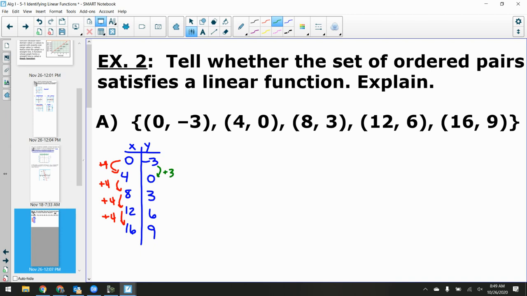I go up 3, up 3, up 3, up 3. A constant change in x is corresponding with a constant change in y. So we can call this a linear function. You know, it says explain. The explanation would be constant change in x, constant change in y.